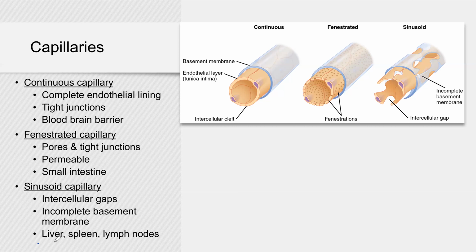I think in my other video, I already recorded what happens with those old, worn out red blood cells. In the lymph nodes, you will have macrophages and other lymphocytes that also need to move in and out of these capillaries.